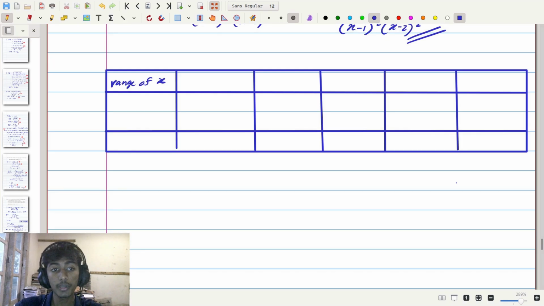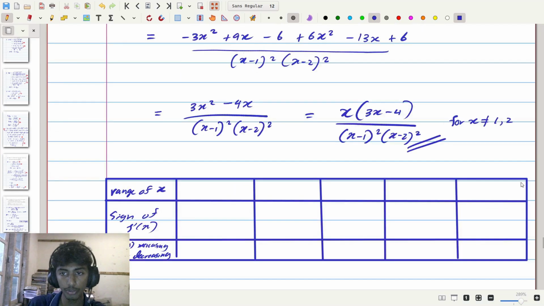The second row is going to be the sign of f prime x, since that's what we really care about when we are considering whether f of x is increasing or decreasing. If f prime x is positive, f of x is increasing, and if f prime x is negative, f of x is decreasing. So then finally we can write, is f of x increasing or decreasing?